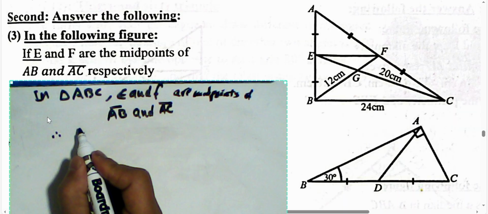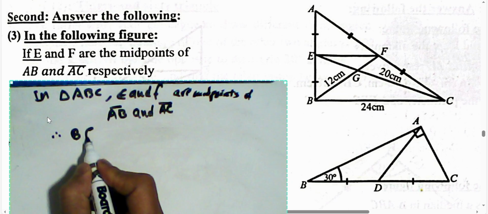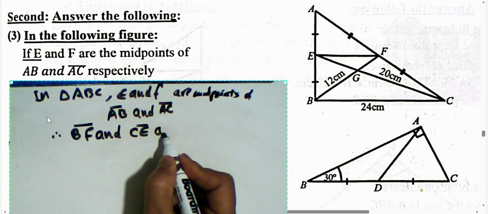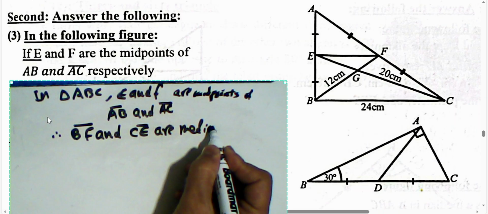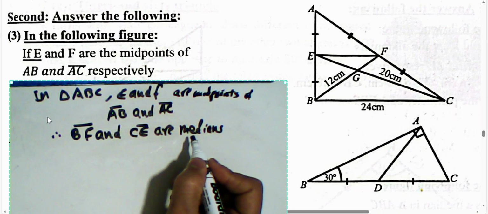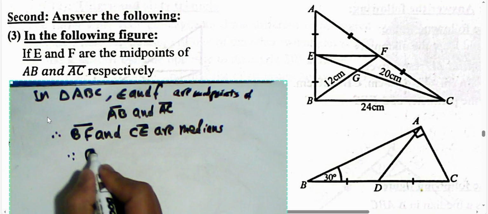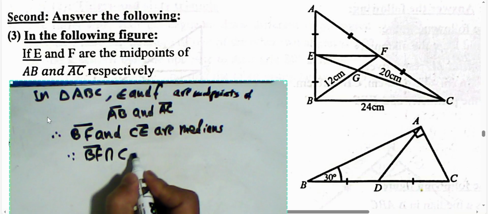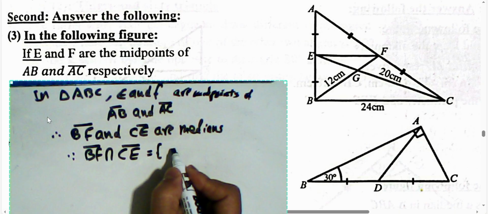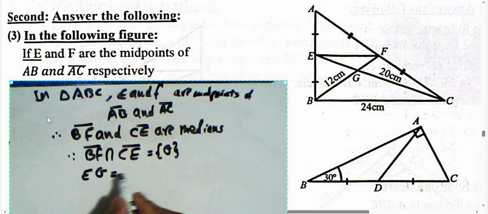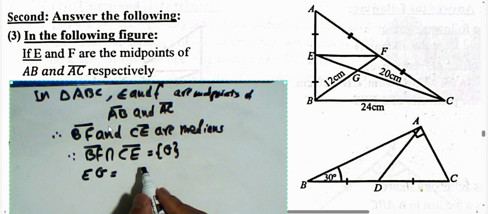Then BF and CE are medians, and they intersect at one point G, such that BF intersects with CE at the point G. Then EG will be half of GC. Look here, EG is half of GC.